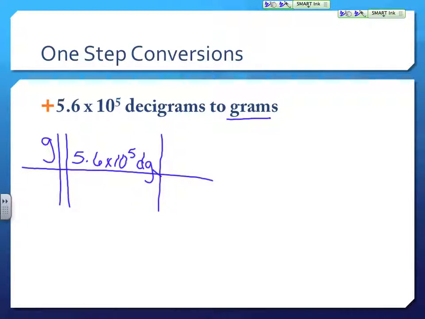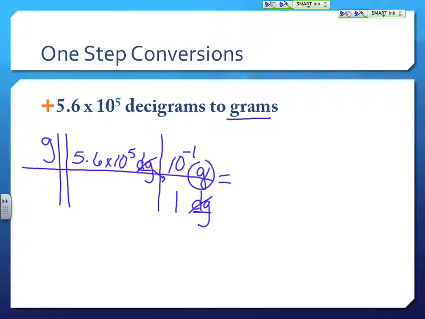What's on top has to come down. This has a prefix, therefore this needs to be the base unit. 1 always goes with the prefix, and 1 decigram is 10 to the negative 1 gram. I have a decigram on top, I have a decigram on the bottom, so they cancel out and I'm in grams.